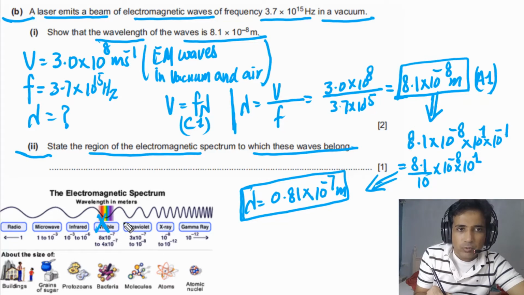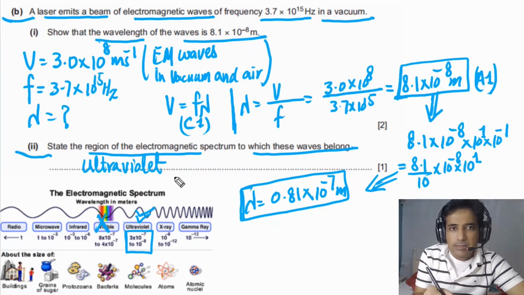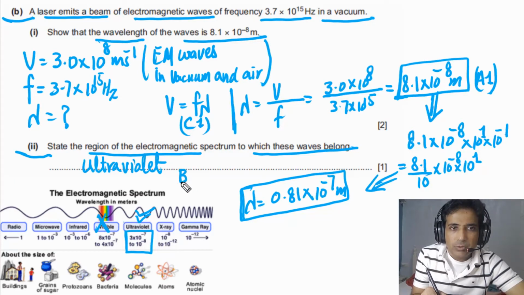Now if we go to ultraviolet, you can see the range is from 3 times 10 to negative 7 to 8 times 10 to negative 8. So it means this belongs to ultraviolet. Simply you can say this belongs to UV. So the answer for this question is ultraviolet, and this question has only 1 mark, and that one should be the B mark.